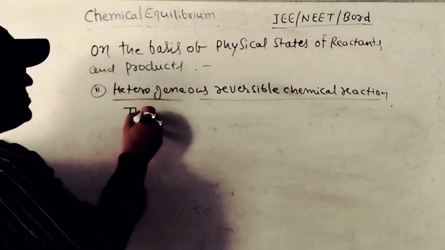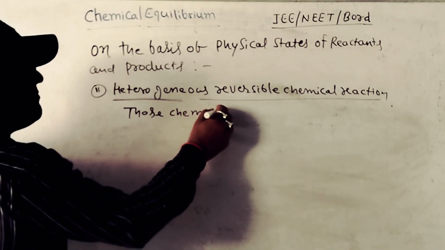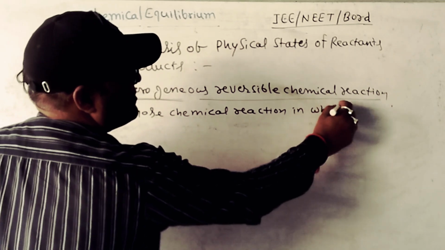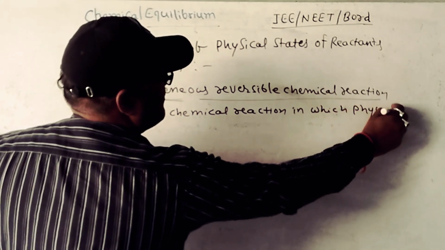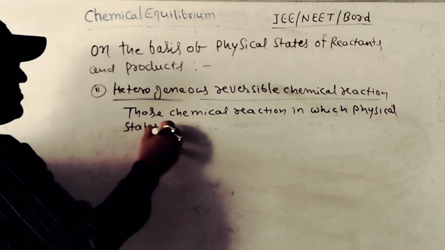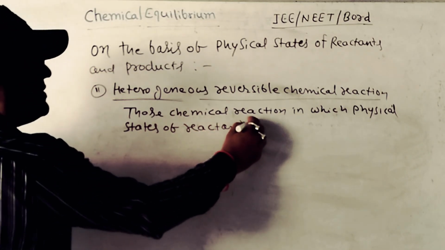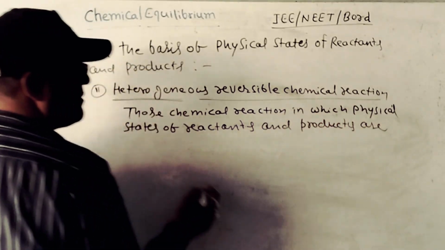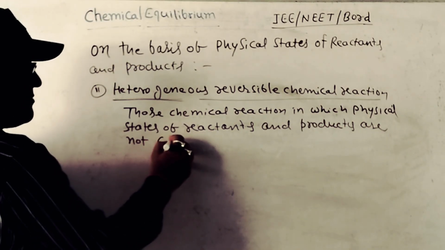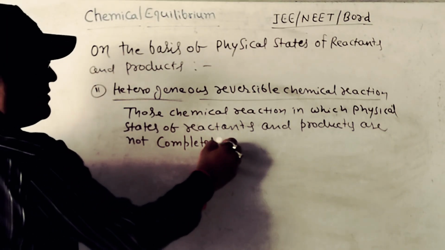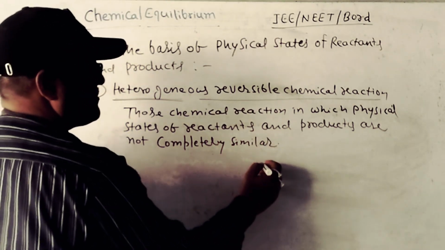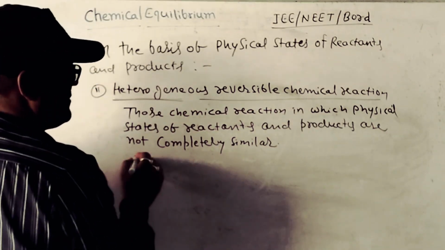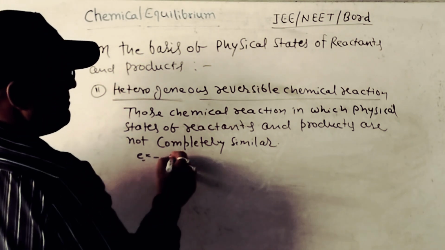Okay, those chemical reactions in which physical states of reactants and products are not completely similar. These reactions are called heterogeneous reversible reaction. As for example, we can easily understand with the help of suitable example.